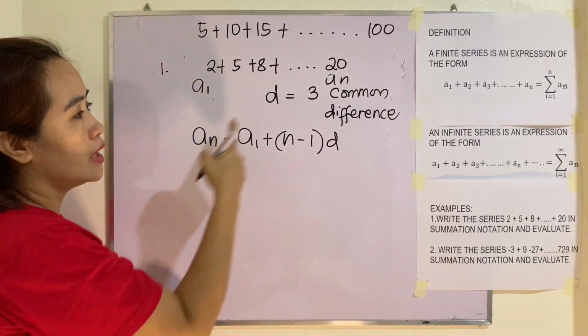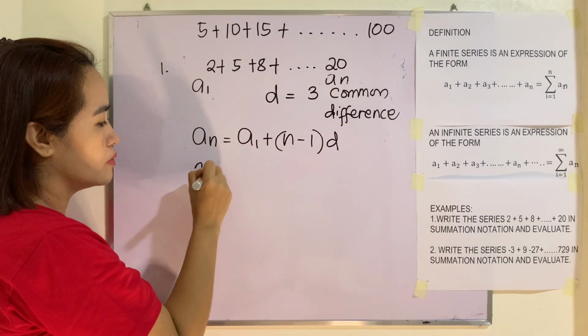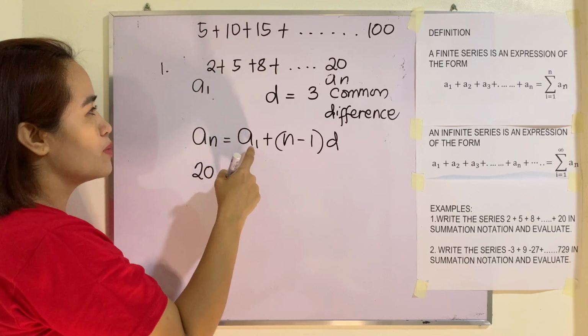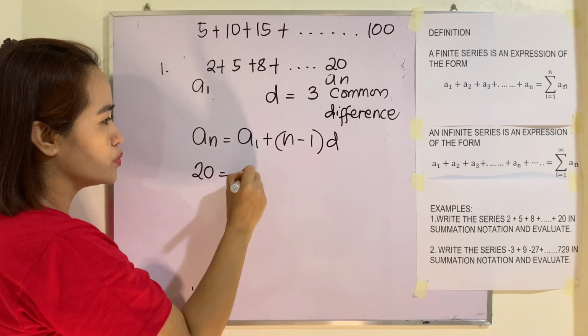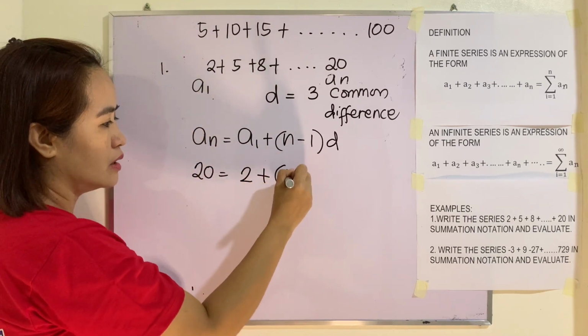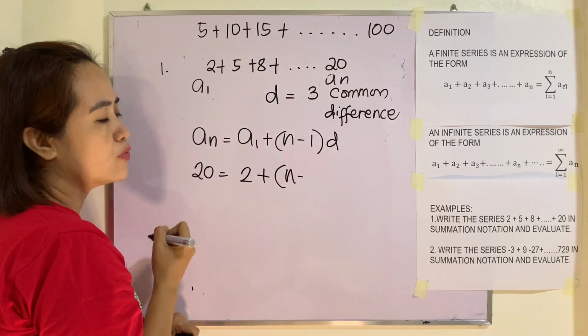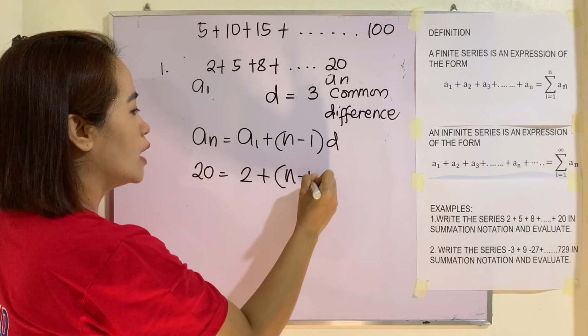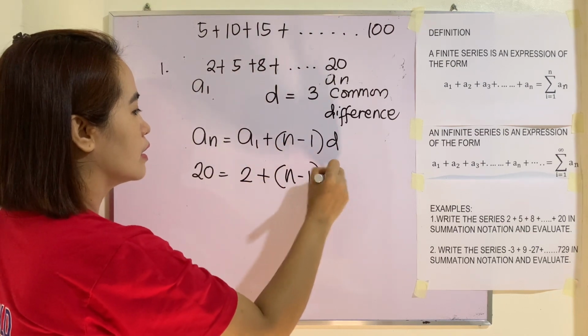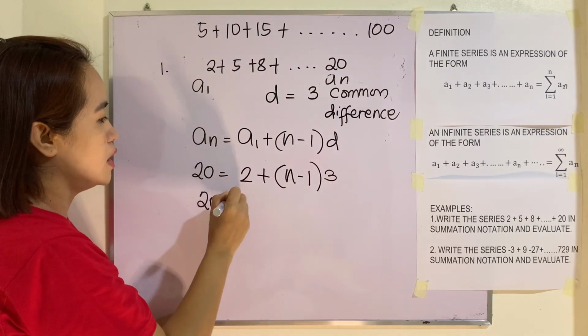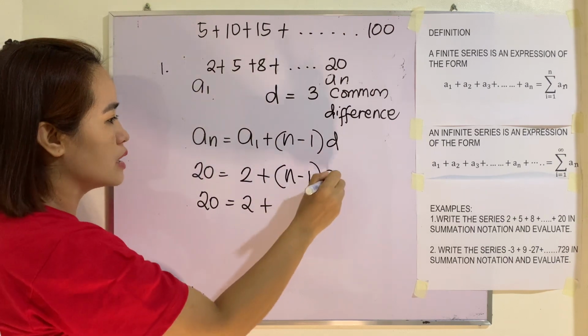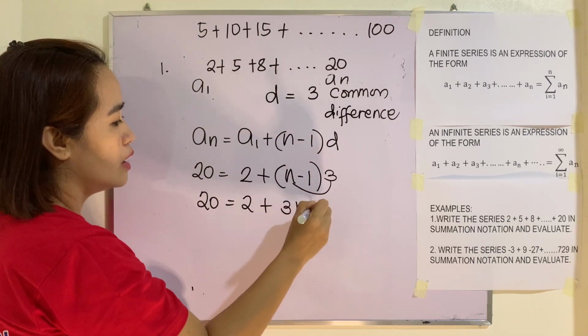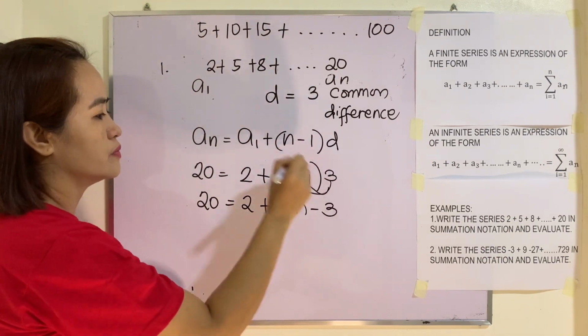A sub n here is of course 20. A sub 1 is 2. Plus n minus 1, n being the order that we are looking for, times d, which is 3. So we have 20 equals 2 plus 3n minus 3.